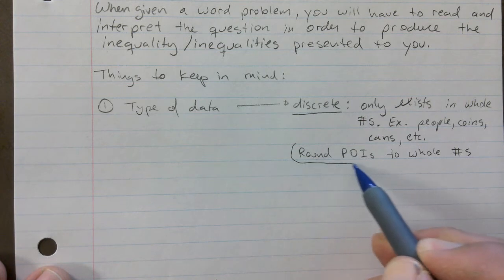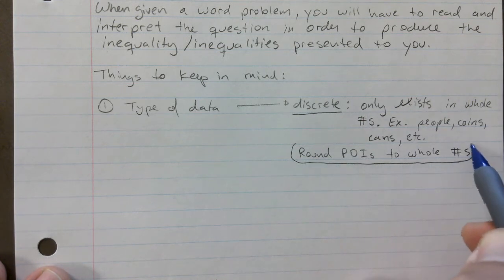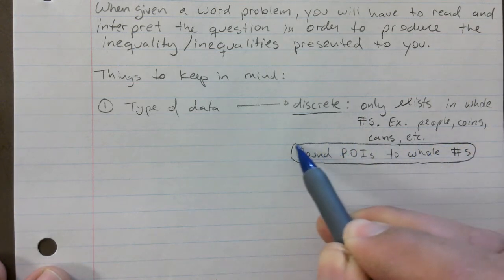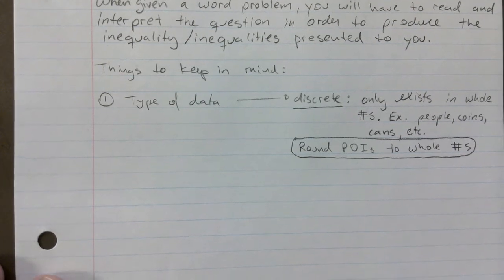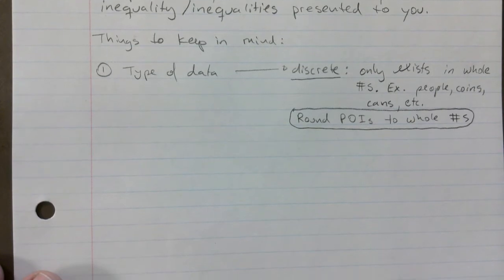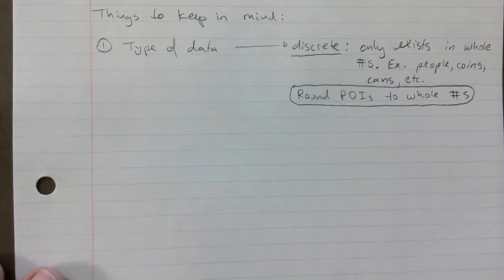That's very important. So we will state them like we always do, but then next to it, we'll say, okay, from now on, we're going to work with the rounded values. We're not going to work with the decimals, right? If it's in fact discrete, which a lot of the times you'll find is going to be the case.